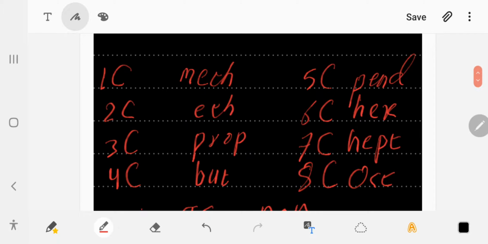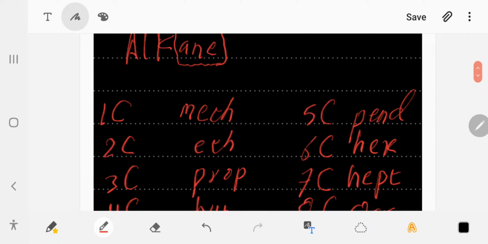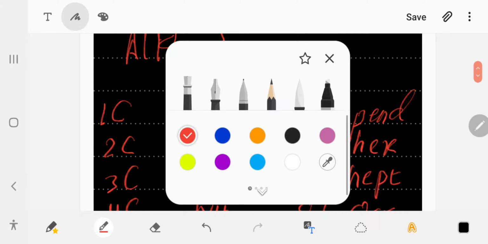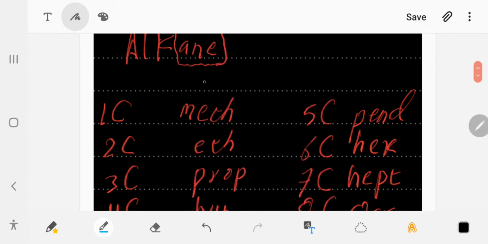So remember that we are talking about alkanes, so we will use the suffix ane. If we have a hydrocarbon that contains only one carbon atom, it will be meth, and we will add ane, so it will be methane, which is CH4.